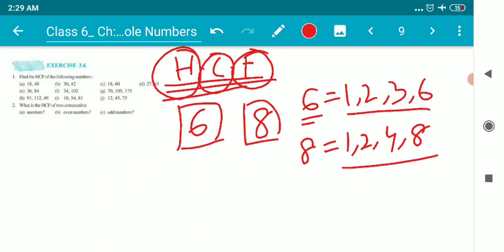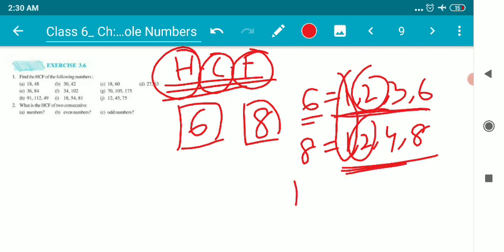Of course, 1 can be seen. 1 is present in both of these lists. 2 is also there in both of these lists. 3 is here, but there is no 3 there. Here is 6 and there is no 6. So these numbers are not common. So 1 and 2 are the common factors of 6 and 8.